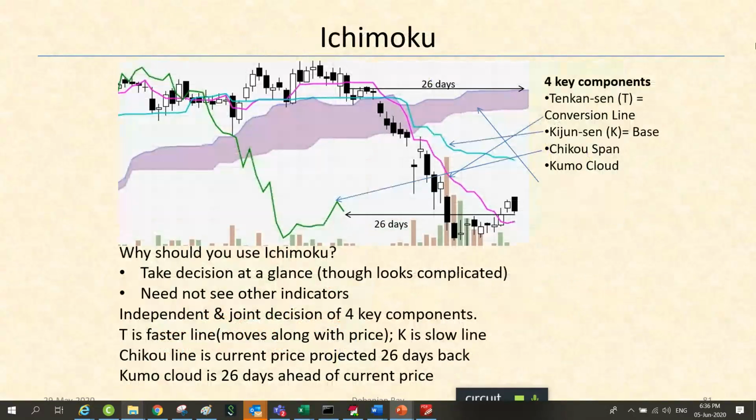And then we learned a very strong technical analysis, which is the Ichimoku. Ichimoku contains 4 signals. One is the T line, the conversion line. And then this blue line is the base line or the K line. And then there is a Kumo cloud, and there is a lagging line, which is the closing price of the current day 26 days back.